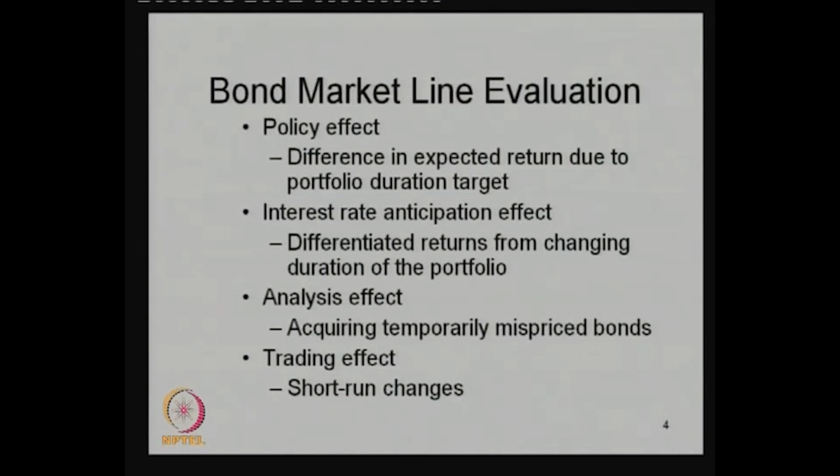Then another one is the interest rate anticipation effect. Sometimes, even if you draw a bond market line, you will find that the interest rate changes because of external factors, such as a financial crisis, high inflation, or a change in aggregate demand in the economy.